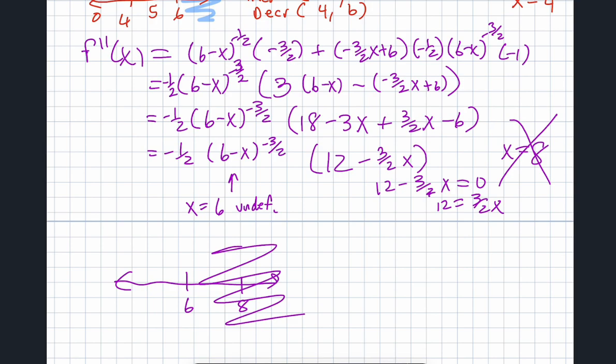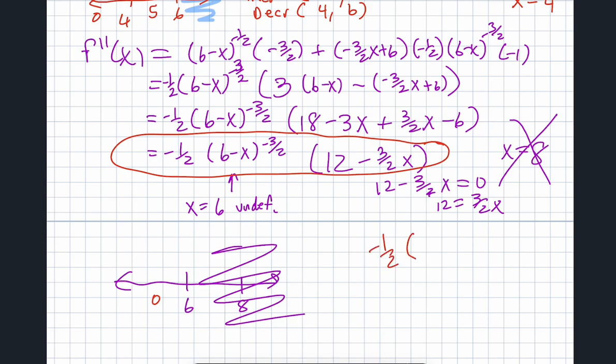Okay, so I'm going to plug in 0 again. If I plug in 0, I get negative 1 half times a positive thing, don't care what that thing is, times another positive thing, and it's a negative. So it's concave down from negative infinity to 6.